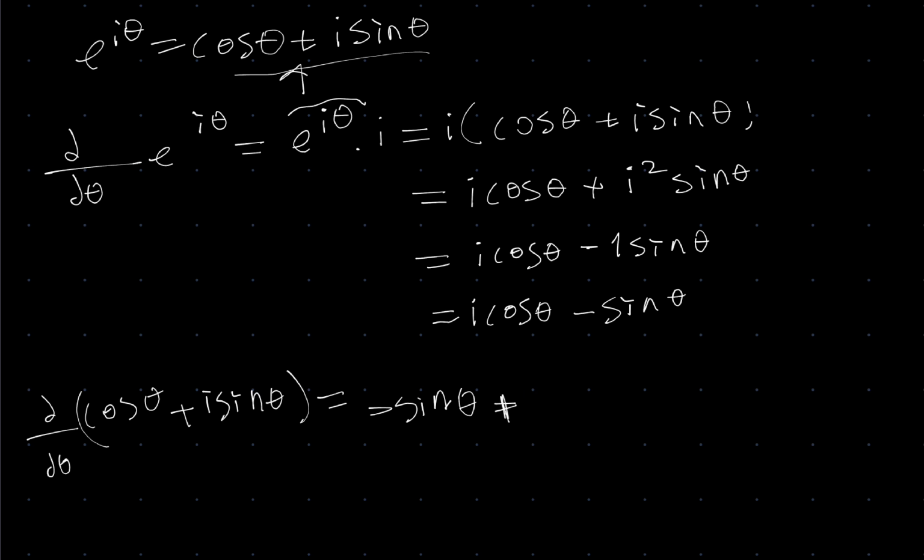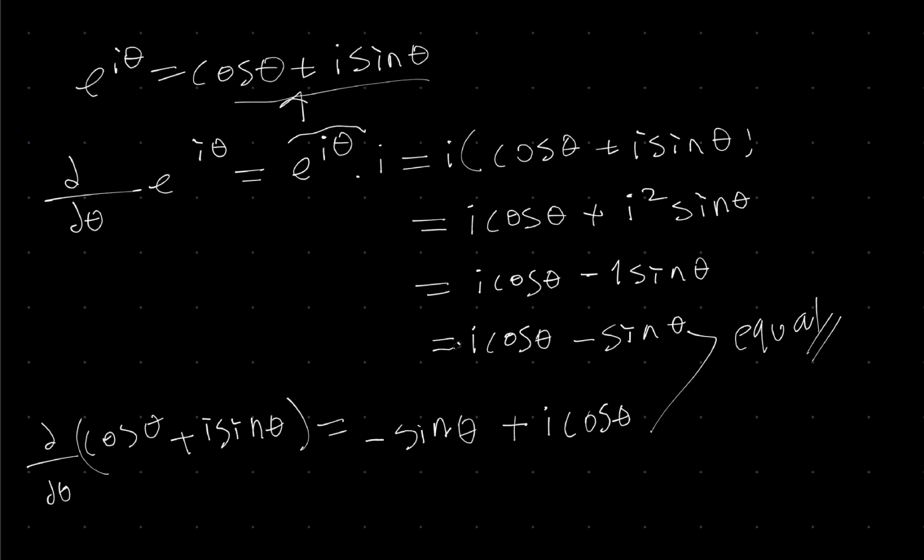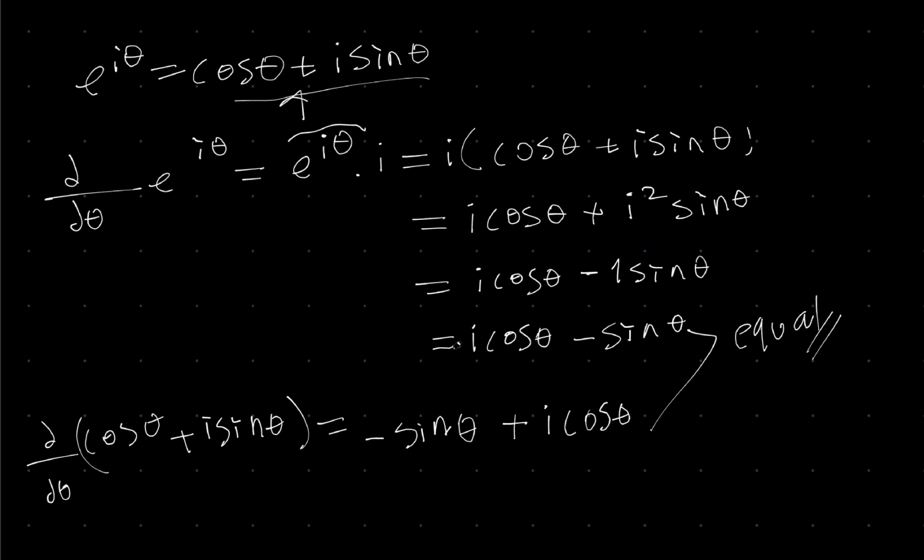There is a plus here, and that is also a minus, okay, plus I times cosine theta. So as you all know, I hope you see here, they are equal. Of course, that was a bonus, an extra part.